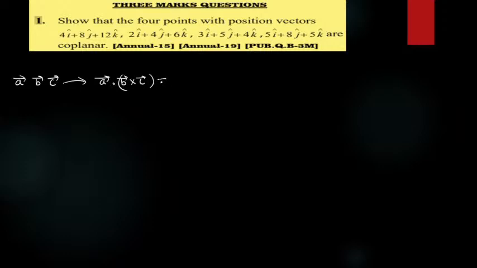If it is equal to 0, then you can easily say that the given vectors are coplanar. The scalar triple product a dot b cross c, I can simply represent like this: a, b, c, first vector, second vector, third vector.